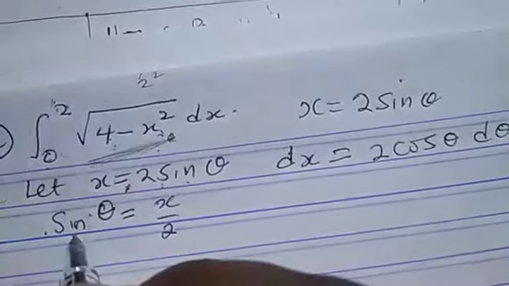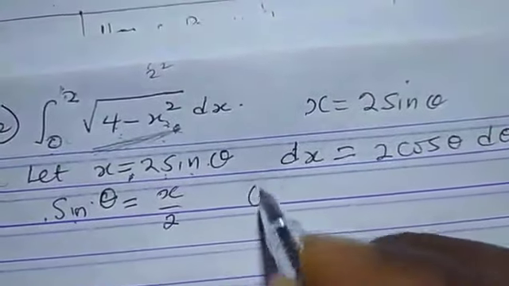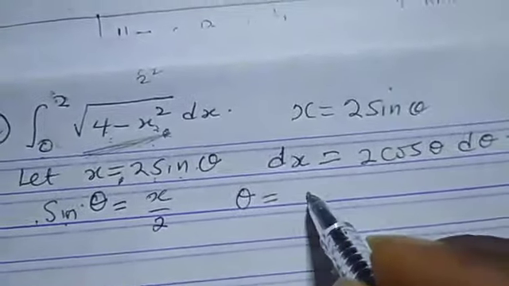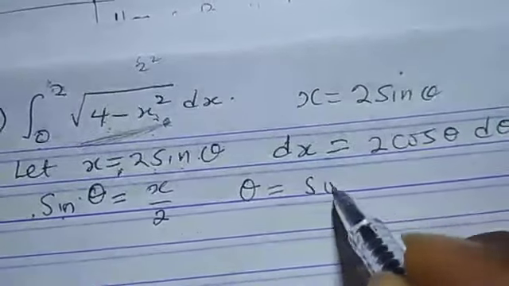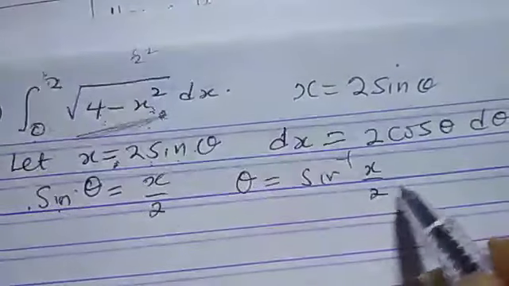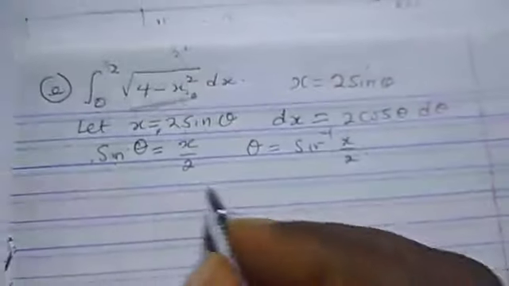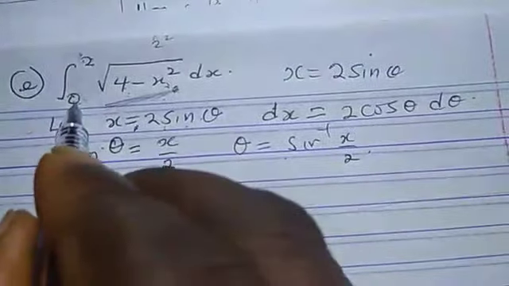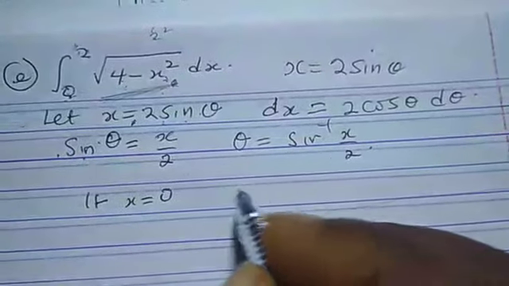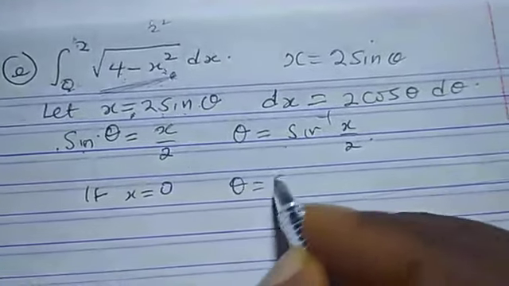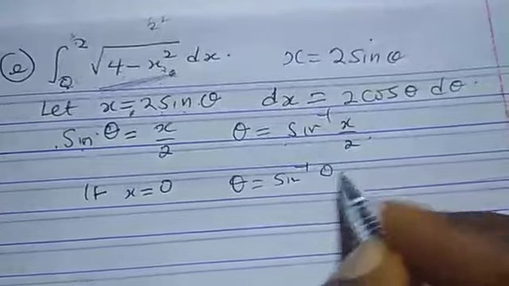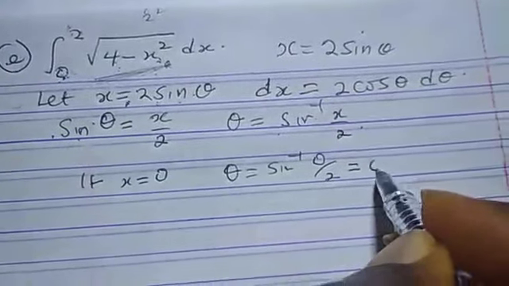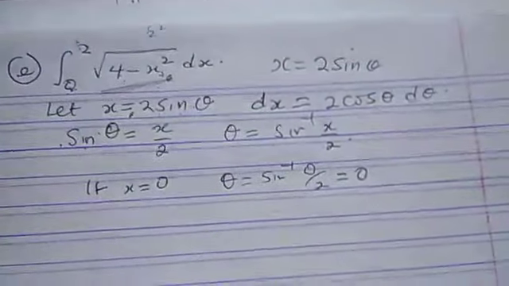If I make theta the subject of the formula, then theta will be arc sine of x over 2. Now let us use this. If x is 0, just like what we did the other time, theta will be arc sine of 0 over 2. If you use your calculator, our answer is 0.